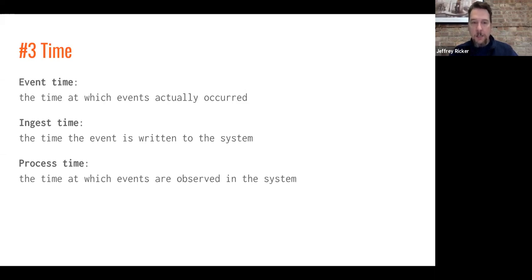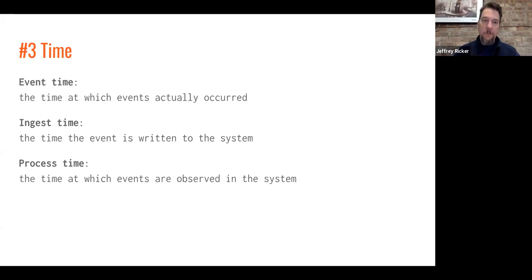The ingest time is when the event is written to the system. So you can imagine that you have some field system collecting data that has intermittent connectivity with the internet. It comes in and out of connectivity.